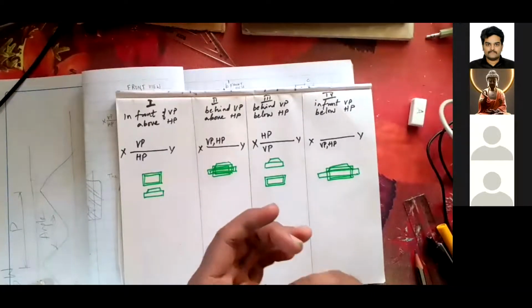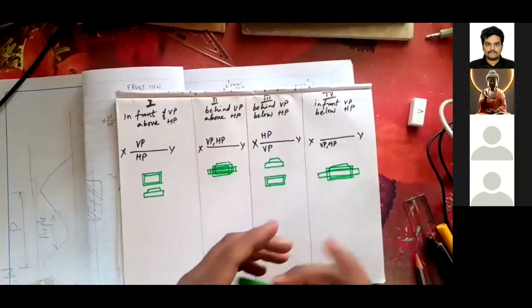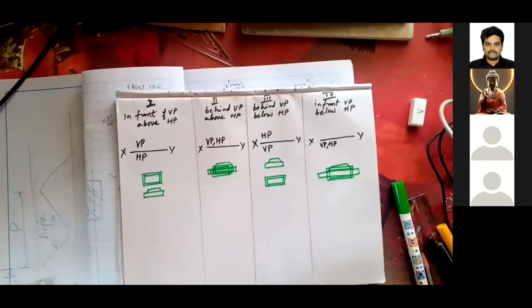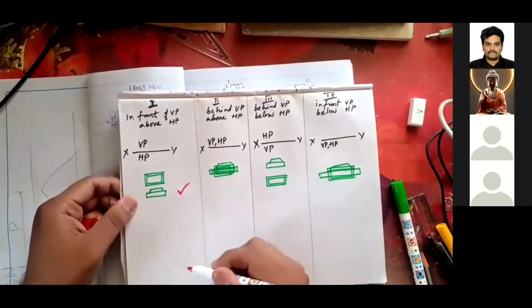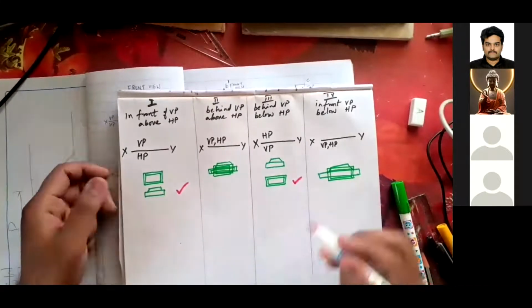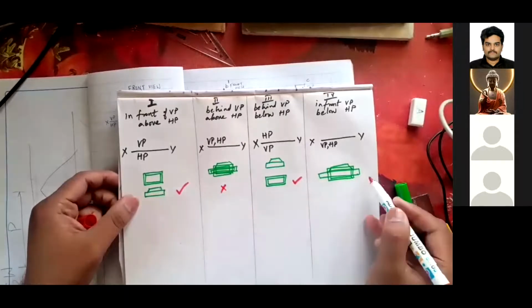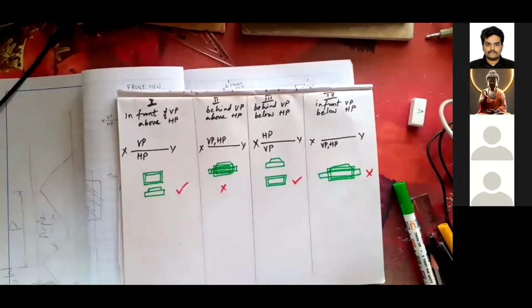In most cases in any manufacturing process, we will be using only the first quadrant and only the third quadrant. We are not using the second and fourth quadrants for any object, which is very essential.